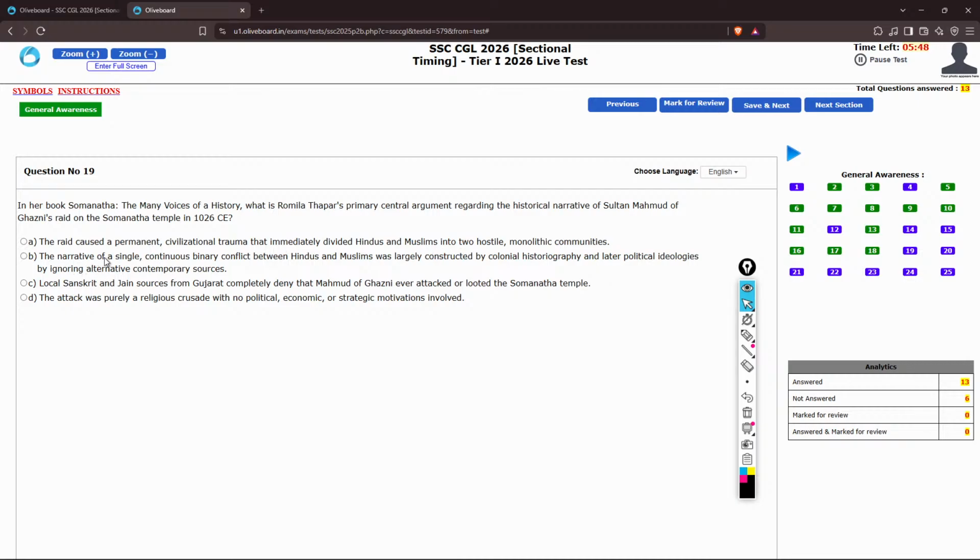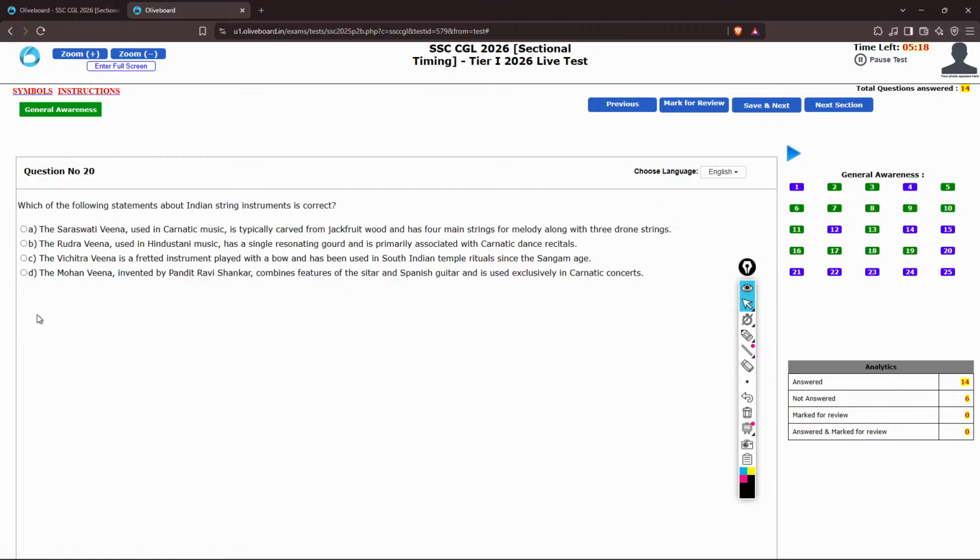The narrative of a single continuous binary conflict between Hindus and Muslims was largely constructed by colonial historiography and later political ideologies by ignoring alternate contemporary sources. Maybe this is quite explanatory. So local Sanskrit and Jain sources from Gujarat completely deny any attack. No, definitely not. The attack was purely a religious crusade. No. Either the first or the second. I think the second one is more suitable.